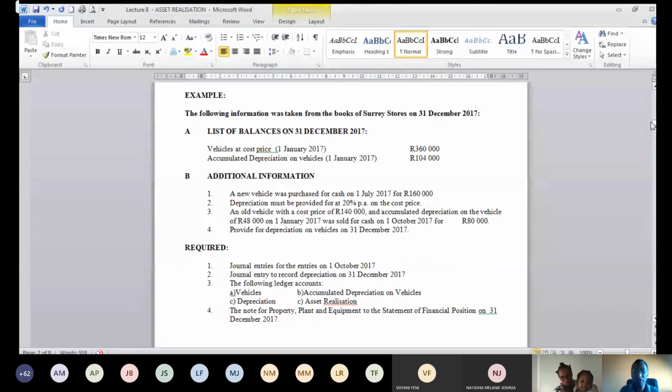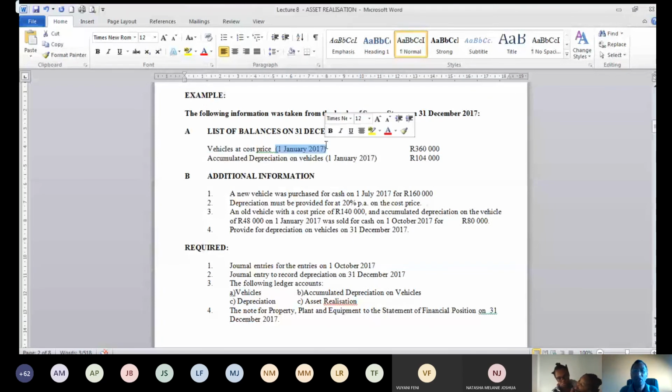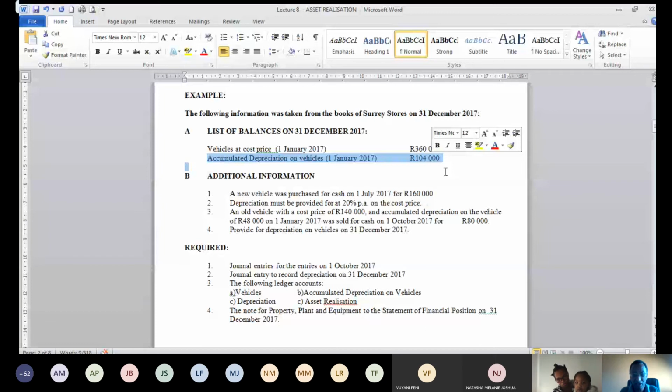On the 1st of January 2017, which was the first day of the financial year, your vehicles were 360,000 Rand. That is all your vehicles together. And the accumulated depreciation had an opening balance of 104,000 Rand. That is the accumulated depreciation on all your vehicles.